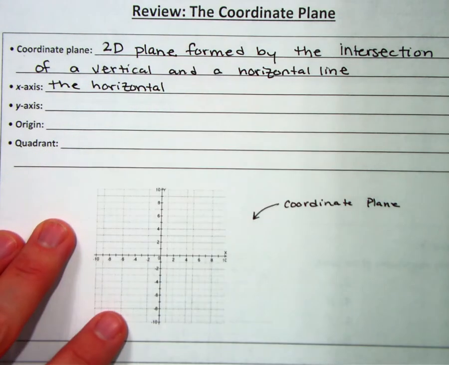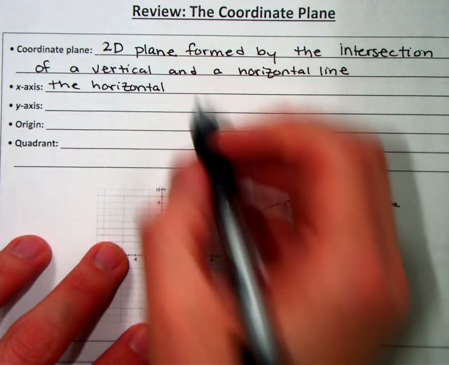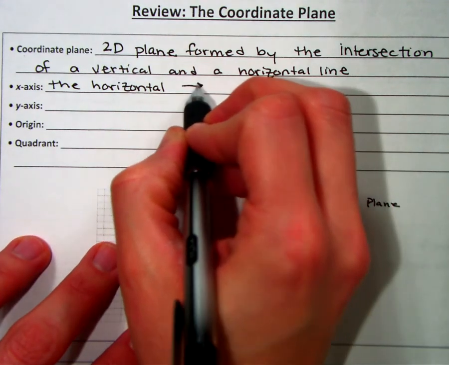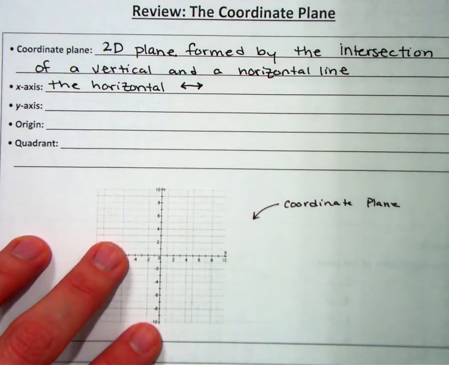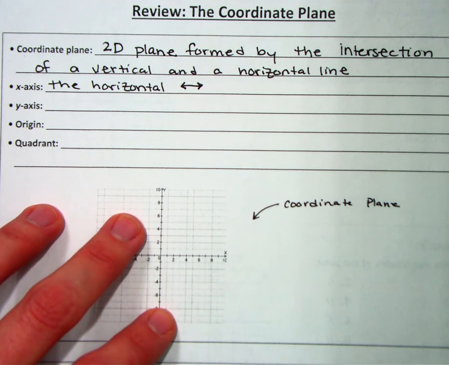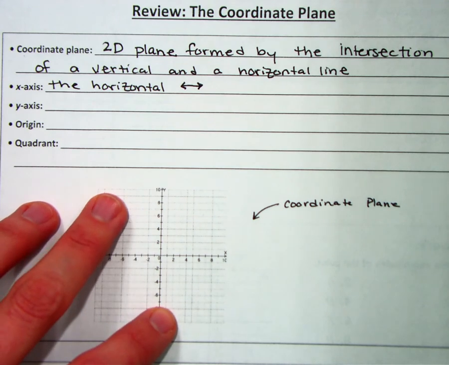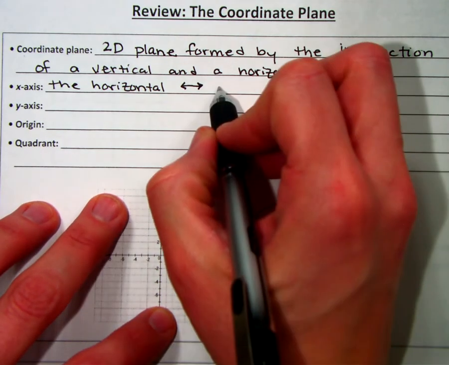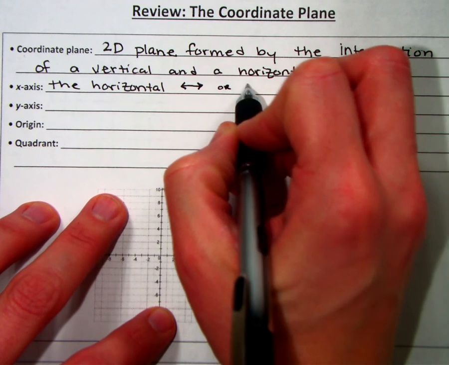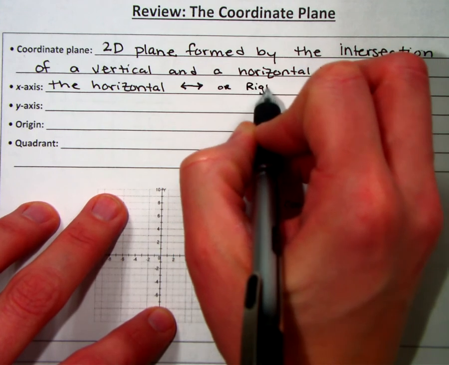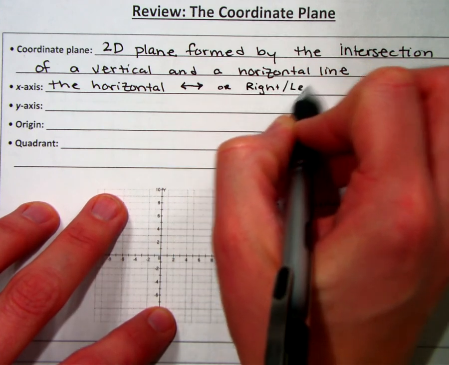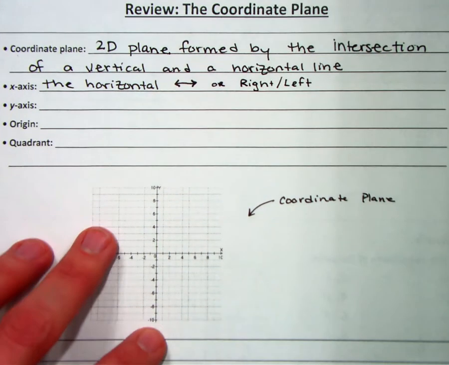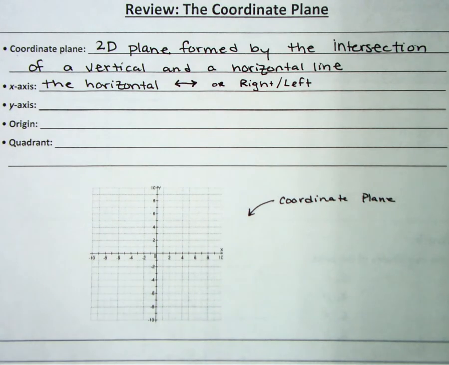Okay, but again, I'm a visual person, so horizontal meaning this way. The horizontal line on that coordinate plane, the right-left line. So the line that goes right to left.